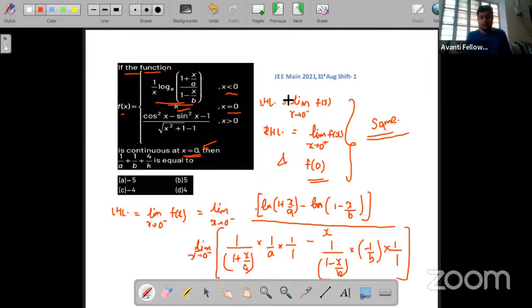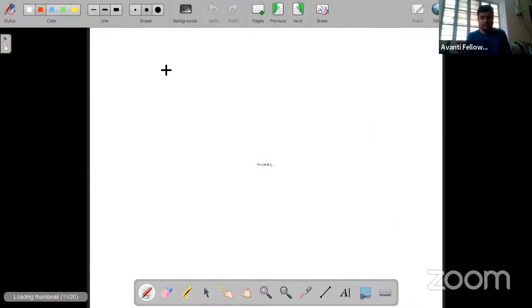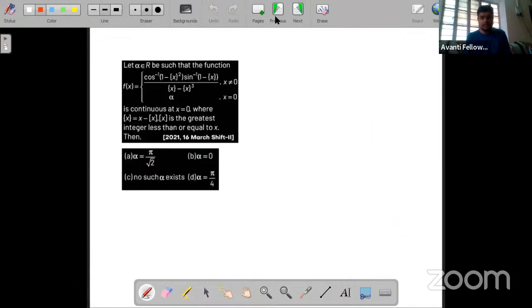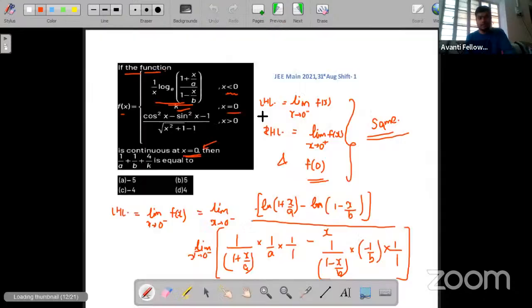Okay, so in the next page, we will write LHL is equal to limit x tending to 0 minus. Now we will substitute x equals 0. So here we'll get 1, and this is 1 by a, so completely this value is 1 by a.